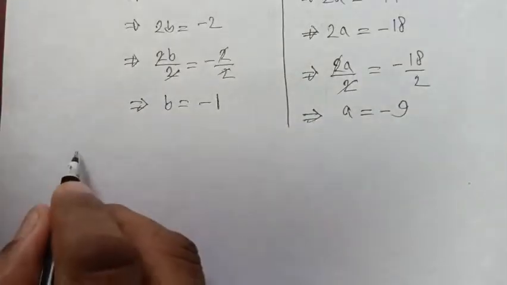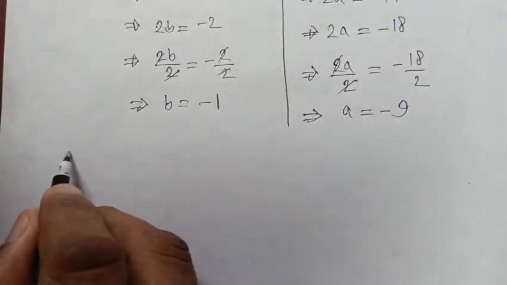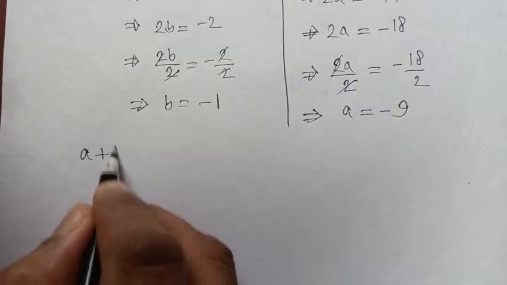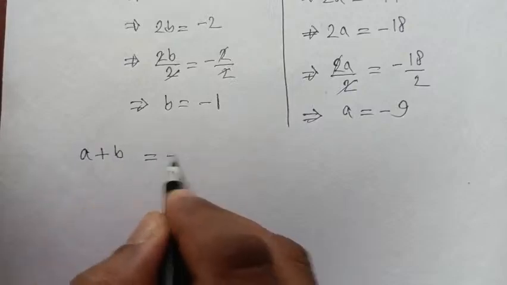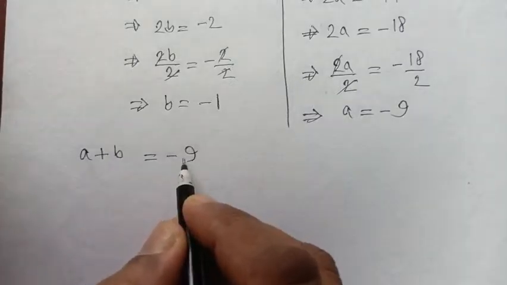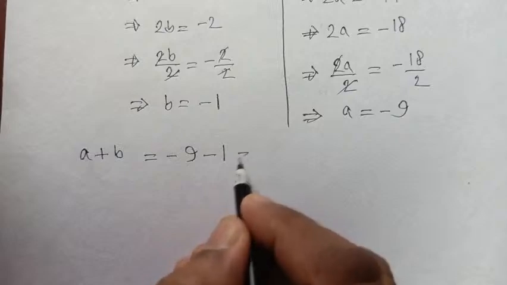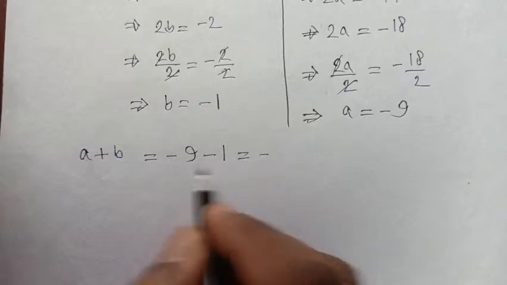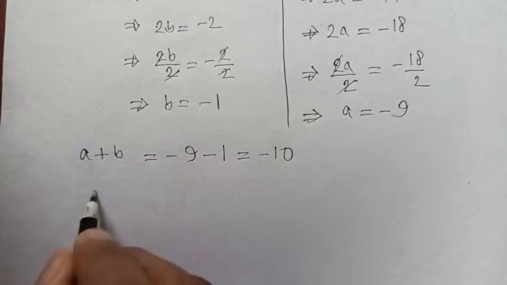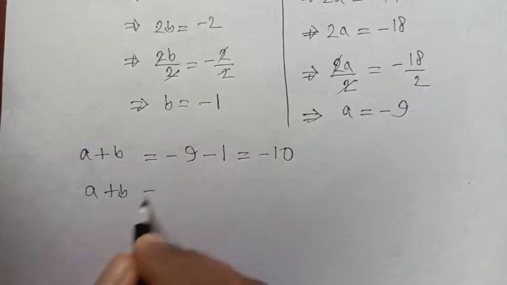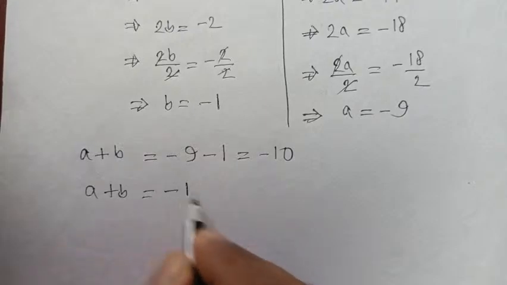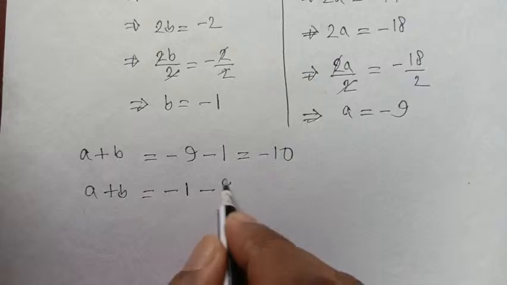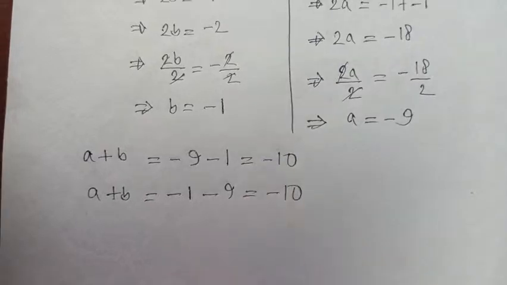So here if we find the value of a plus b in this case, minus 9 minus 1 equals minus 10. A plus b equals minus 1 minus 9 equals minus 10.